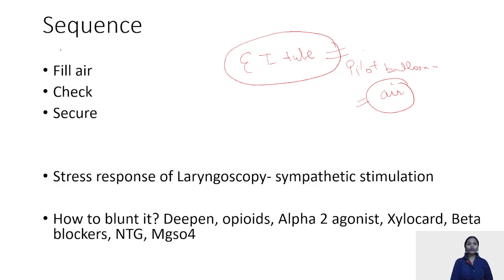Second is you fill air in the tube, that is the cuff of the endotracheal tube is inflated. Then you check. Check is 5-point auscultation, done after the insertion of the endotracheal tube.